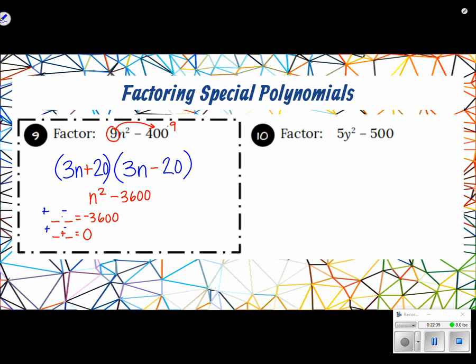And then these are going to be the same number, because again, it's a perfect square. We want these to be true opposites of each other, because when I add them together, I get 0. So this is going to be a positive 60 and a negative 60. And then this is n plus 60 and minus 60.